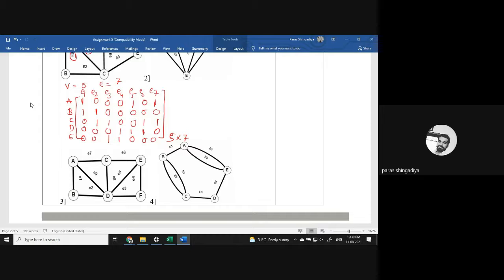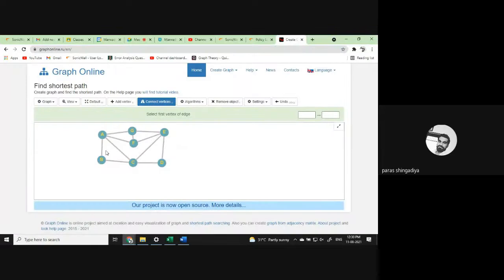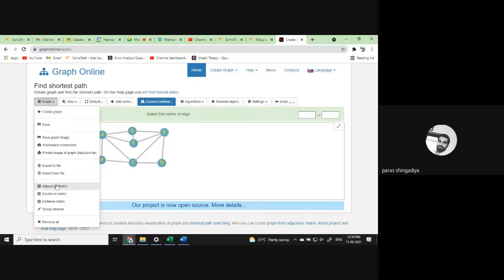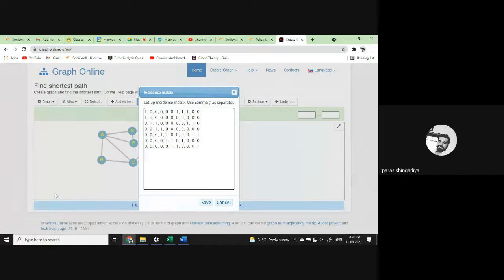Okay, all of you have finished. And here we can also derive the answer by using this tool. इसमें आपको ग्राफ बनाना है, and then we can also check the incidence matrix. For example, we have this graph, so we can check the incidence matrix also. These are the incidence matrix. Clear?